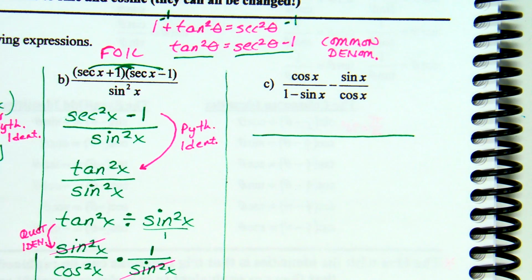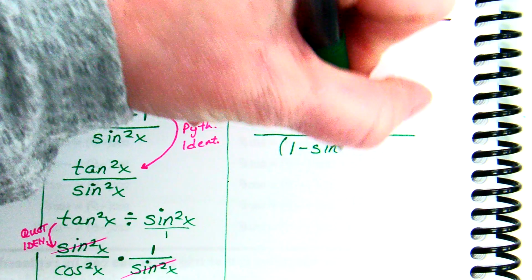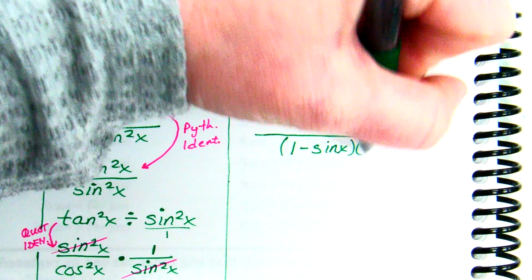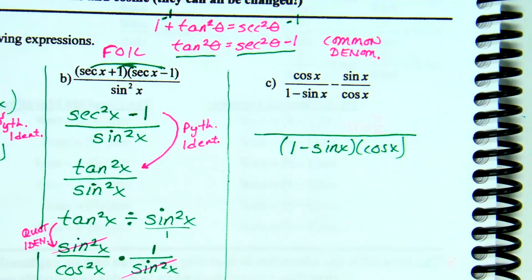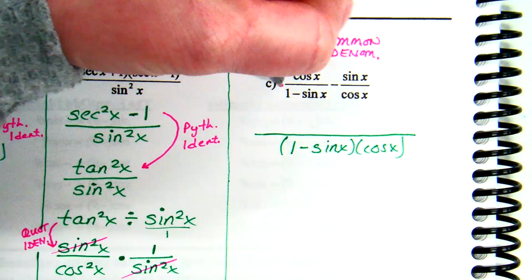So, my common denominator is going to be 1 minus sine x times cosine x. That's going to be my common denominator. What do I have to do to that first fraction? What is it missing in the denominator?